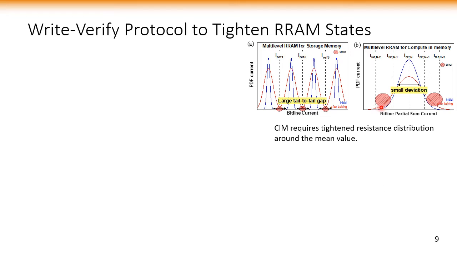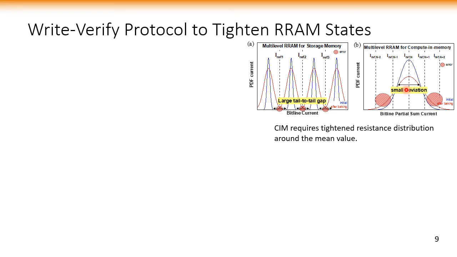For the computing memory, what we care about is the distribution of the RRAM resistance, because any deviation from the mean value will be added up along the column as the partial sum current. This is unlike the multi-level memory for storage, where we only care about the tail-to-tail gap between two adjacent levels. So here we care about the deviation.